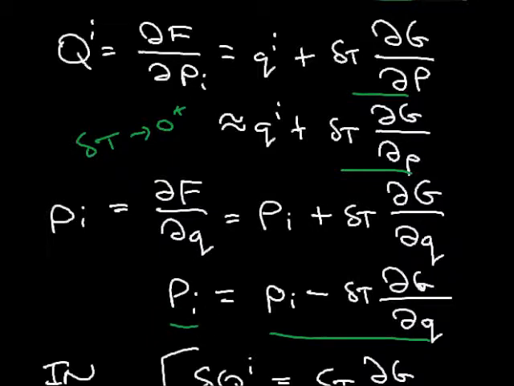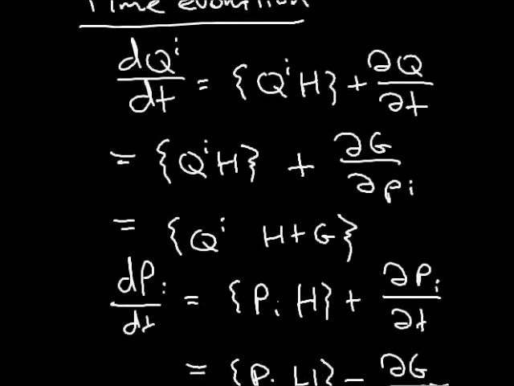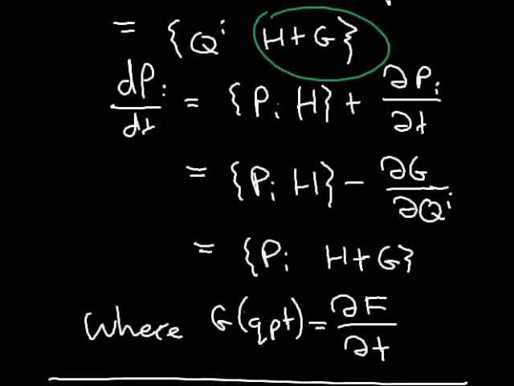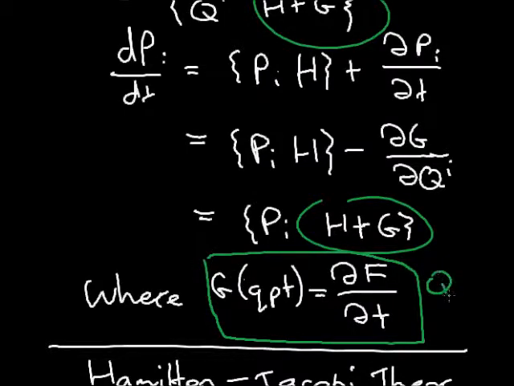Holding little q and p constant, these are our partial derivatives. Substituting, we see that the total time derivative of big Q and P really is the Poisson bracket with H plus G. But G, the infinitesimal generator, is the increment to the generating function from one time point to the next instant. So in other words, G is dF/dt.